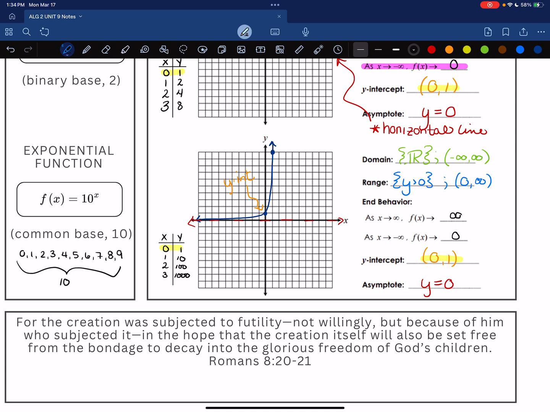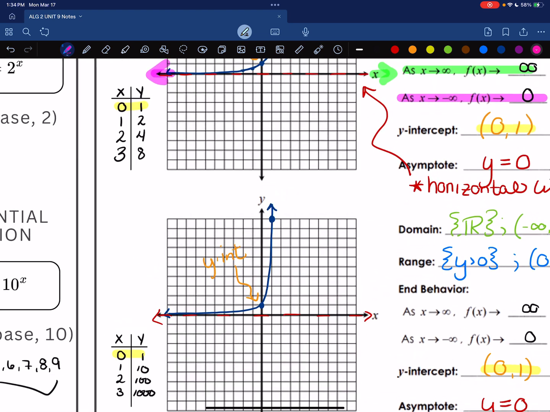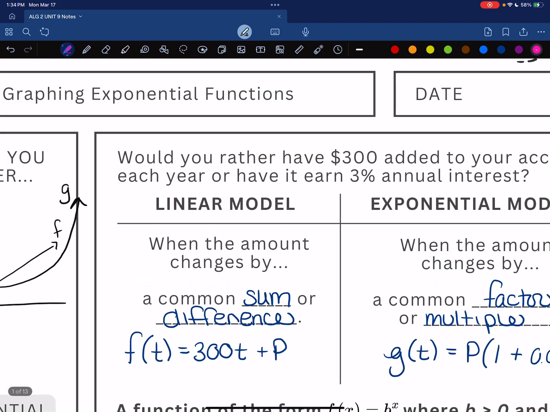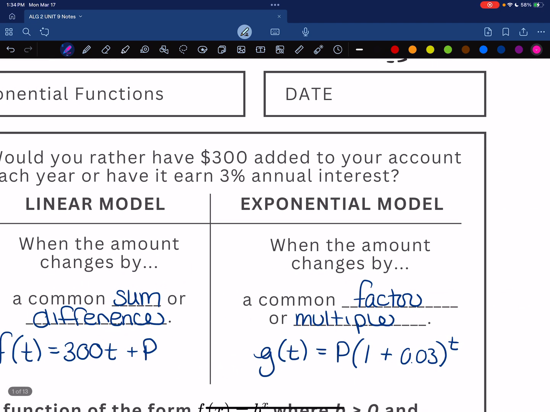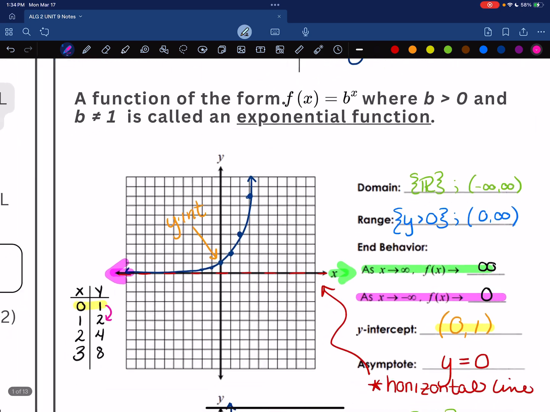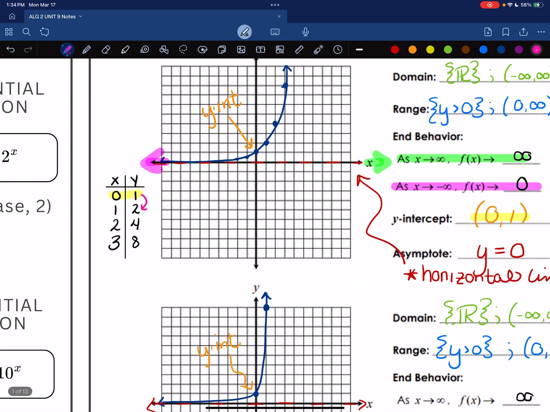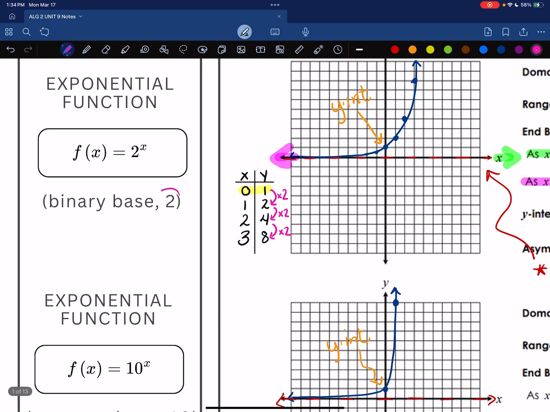So what is happening each and every time here? How is our rate changing? It's not changing by adding the same amount each time, but it's changing by a similar factor, or a similar multiple, each time. Here, each time, it's multiplying by 2, which was the base.